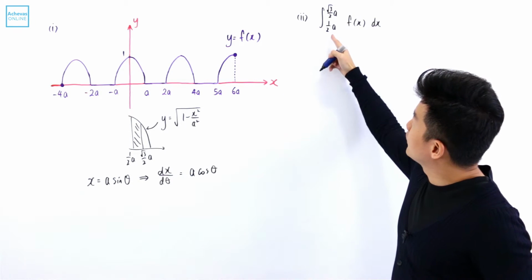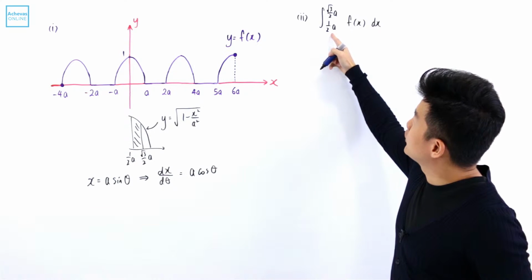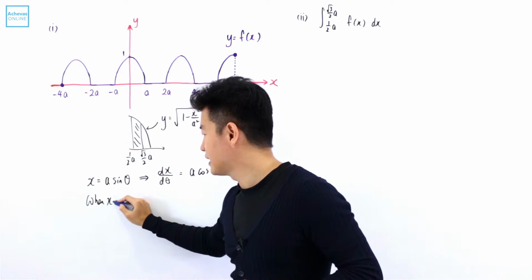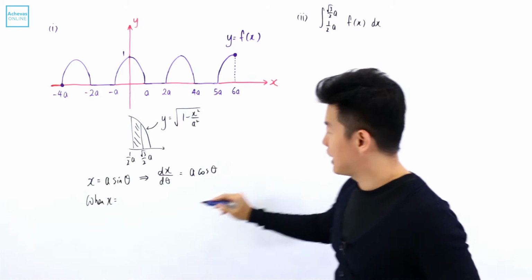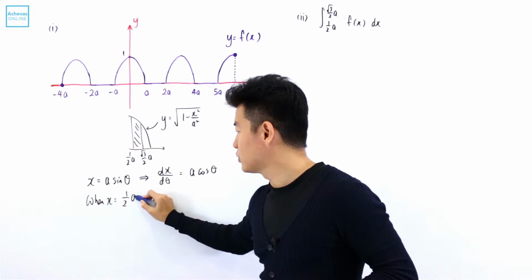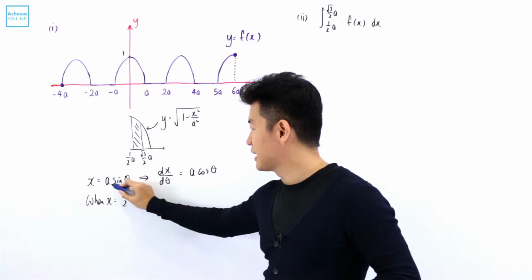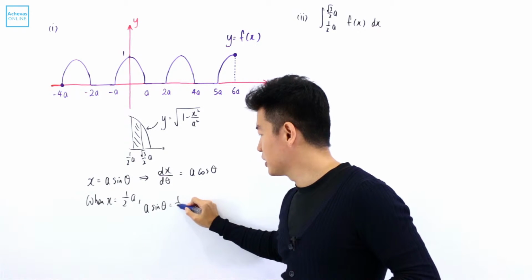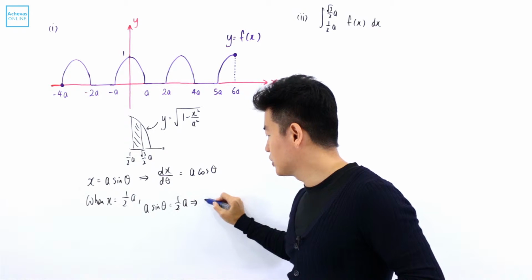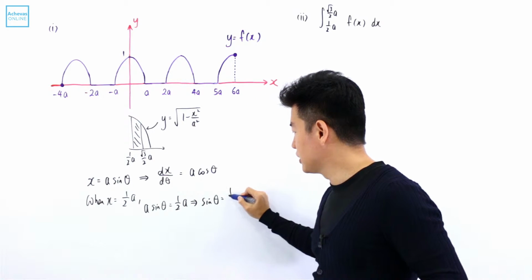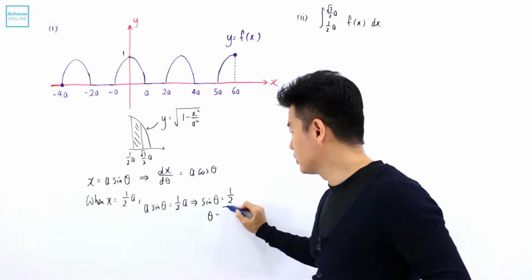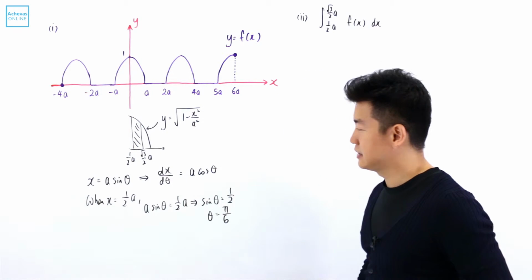I also need to find a way to replace the x values here and here. So when x is equal to half a, a sine theta is equal to half a. So sine theta is equal to half, that means theta is equal to pi over 6.